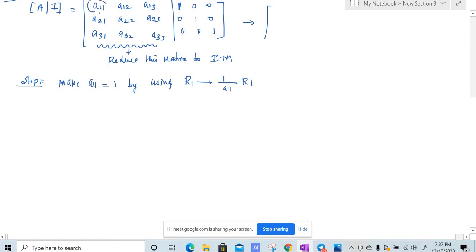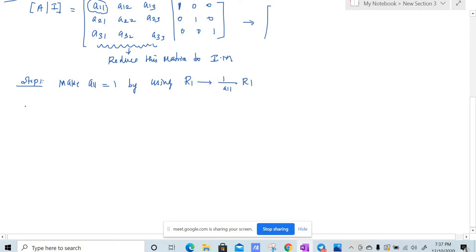We can easily make this element 1 by dividing by that element. You should not divide that element alone, we need to divide the entire row. So the first element will be 1 and the other elements will be changed, right?